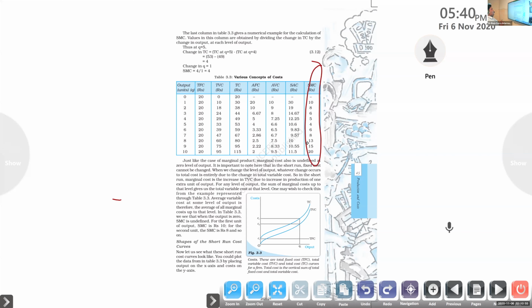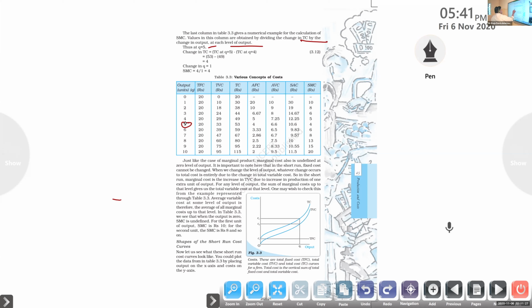Values in this column are obtained by dividing the changes in TC by the changes in the output. Come here. This Q is 5. TC at Q equal to 5 minus TC at Q equal to 4.